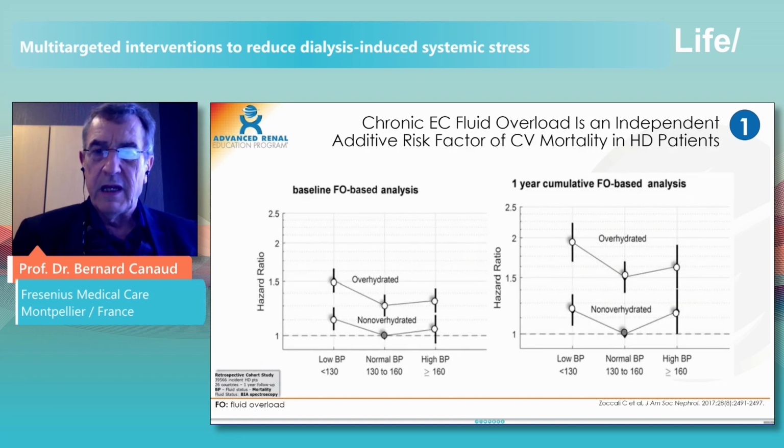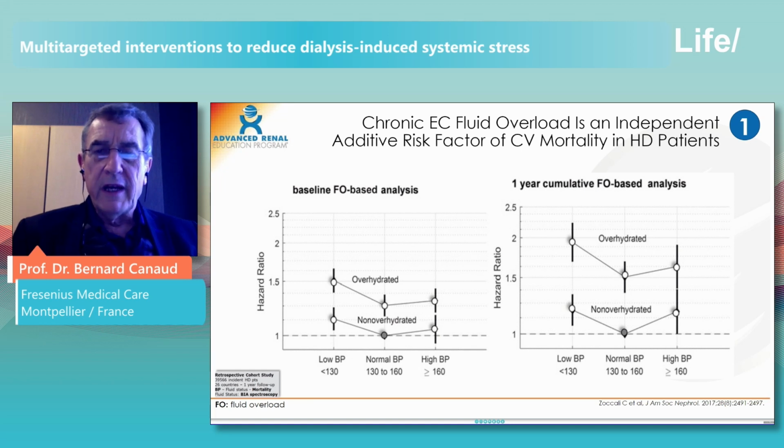the pressure. Now, the interesting point from this study is not the pressure, but look at the impact of fluid overload on the baseline mortality. Whatever the level of pressure, fluid overload is associated with a 30 to 40% higher mortality, almost independently from the pressure.